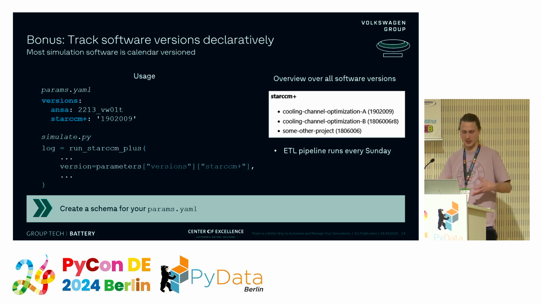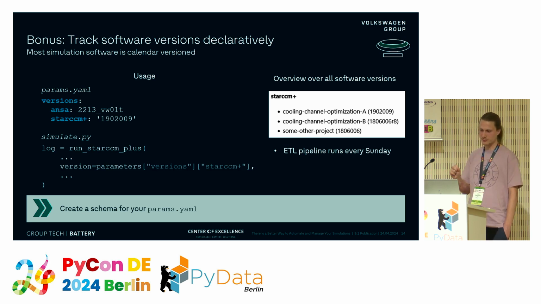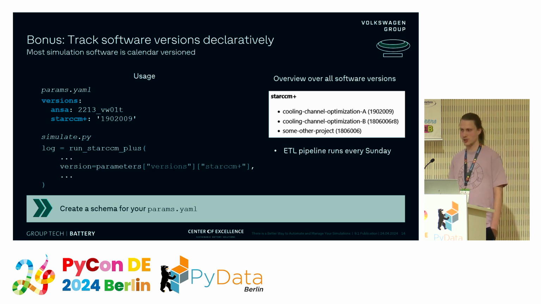And if we have like 5 steps and at 3 of them StarCCM is being used, it always uses that version from the params.yaml file. And so if we now have this declaratively in the params.yaml file, we can run an ETL pipeline every Sunday and get all of the versions we're using of all of the simulation softwares. And we can identify old versions, update them, which is, I think, really nice.